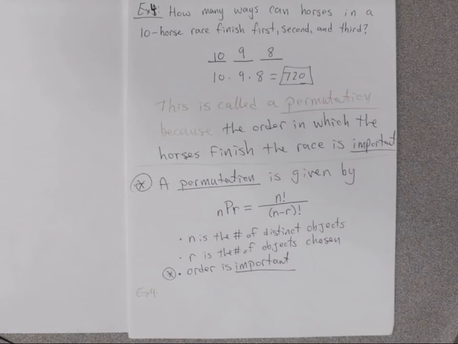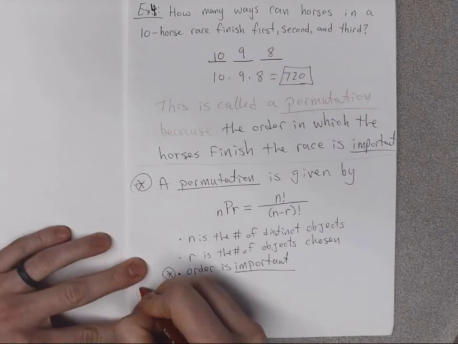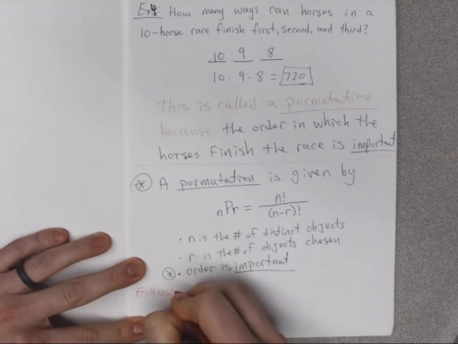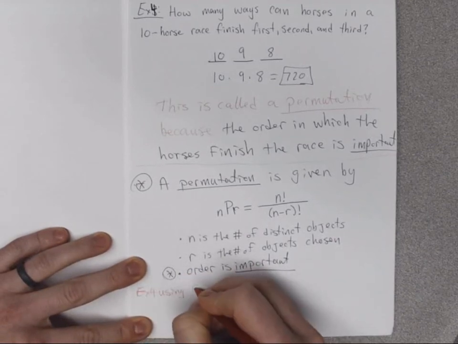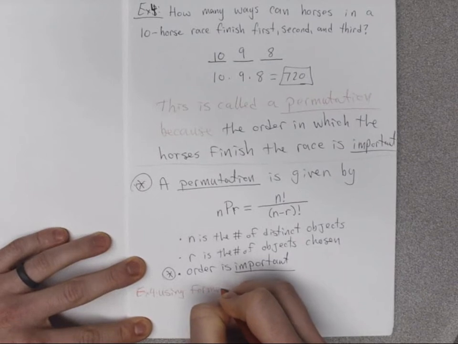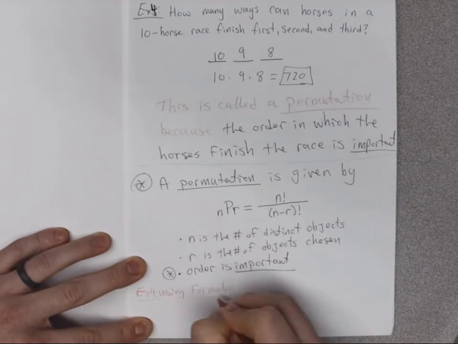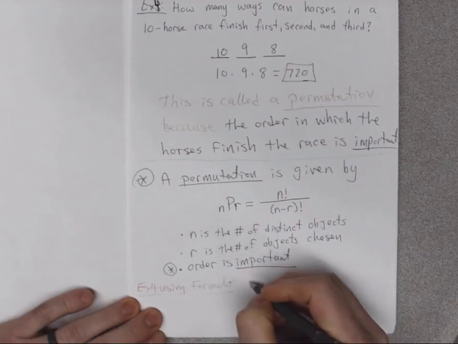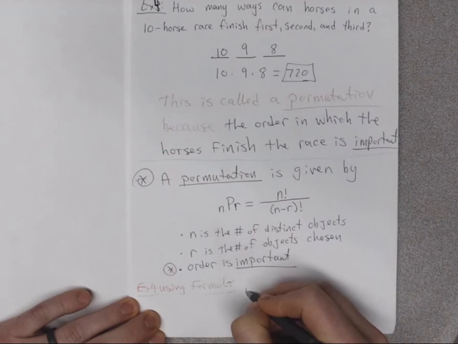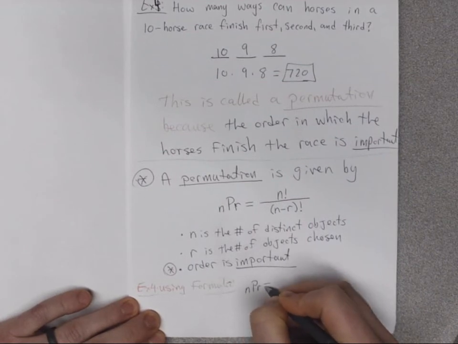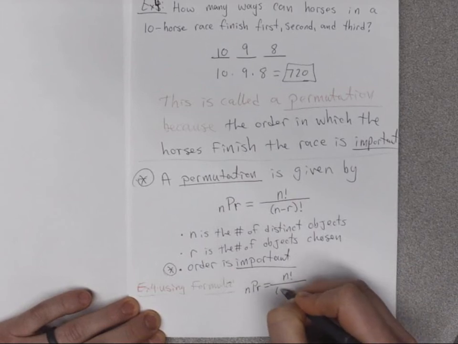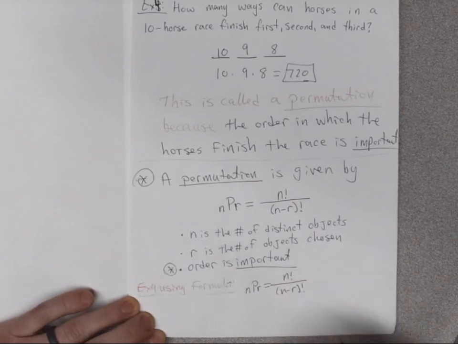Let's do example 4 again, but this time we're going to use the formula. nPr is equal to n factorial divided by (n minus r) factorial.